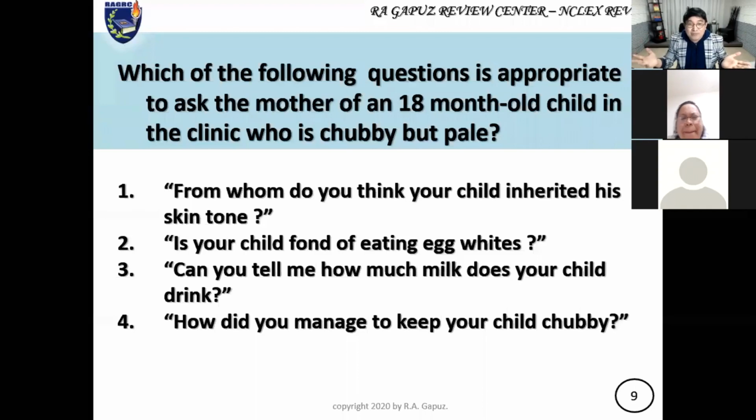But lo and behold, the patient answered with a mind-boggling answer. What was it? He said, I'm short because I don't have parents. I'm an orphan. And then the nurse said, so what does that have to do with your height? You see, the patient said, I'm an orphan, so nobody raised me.